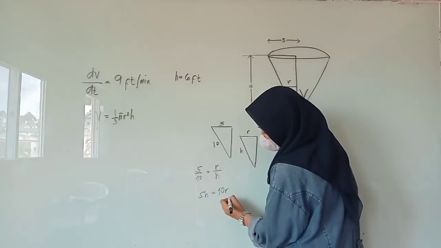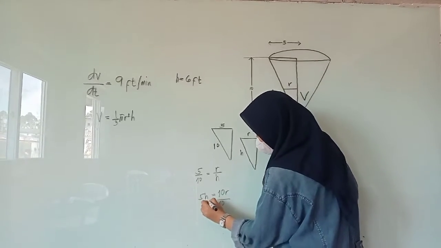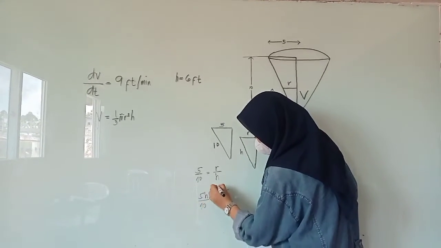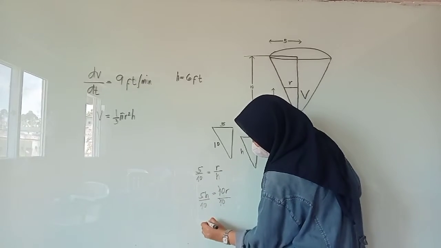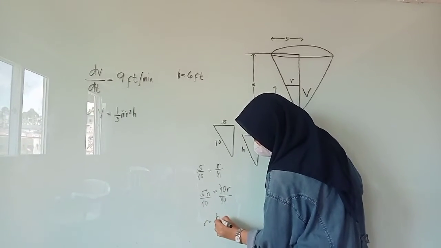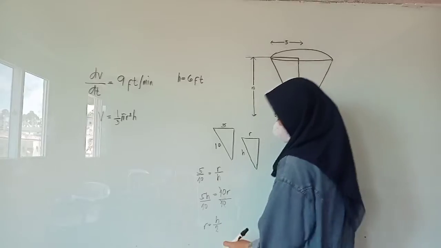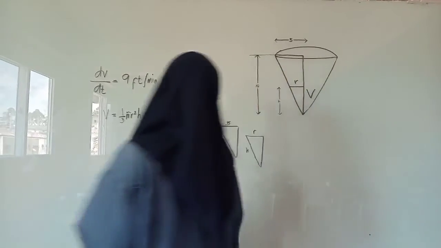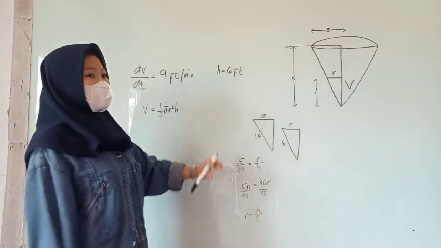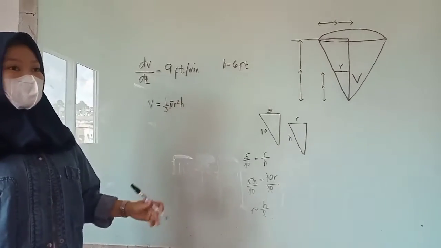Dividing both sides by 10, r is equal to h over 2. So we got the value of r, which is h over 2.